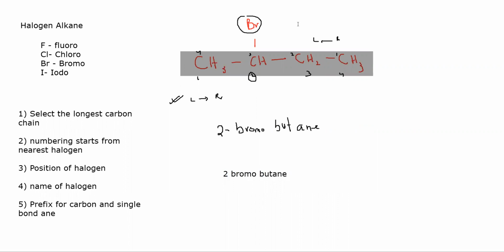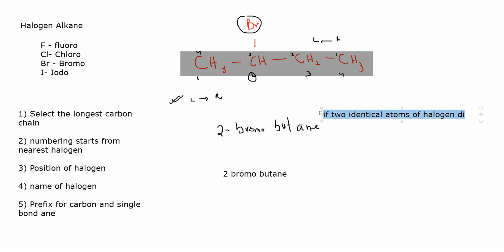But if 2 groups are attached, so if 2 identical atoms of halogen are attached, then we'll use the word di.